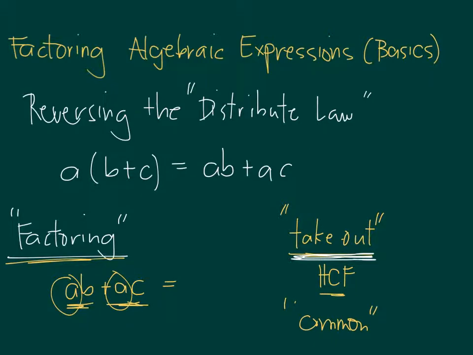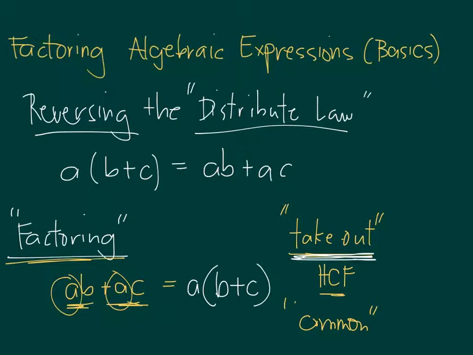I'll take that out. So A, and then you have B plus C, which will remain in the group. So that's factoring the highest common factor, which is A. So again, it is just the reverse of the distributive law.